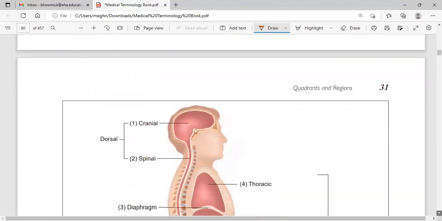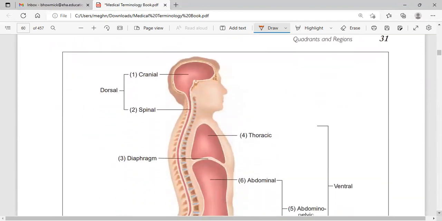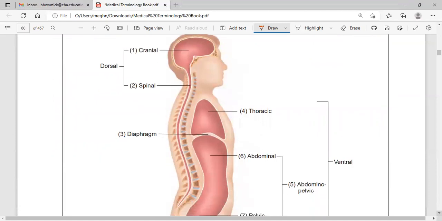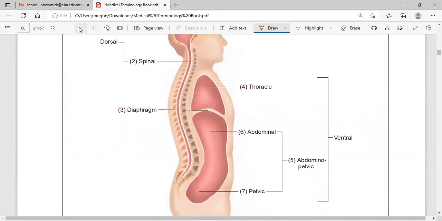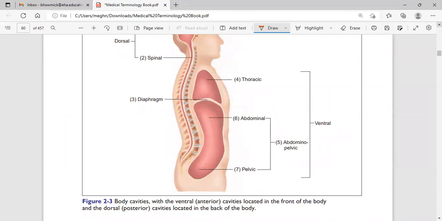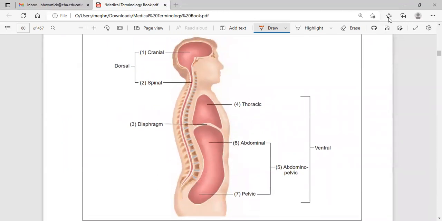Let me go next here. Like this picture, we can see, and let me make it small for you. Using this picture, we can see the dorsal portion and ventral portion. In the dorsal, this is the cranial and spinal, right?